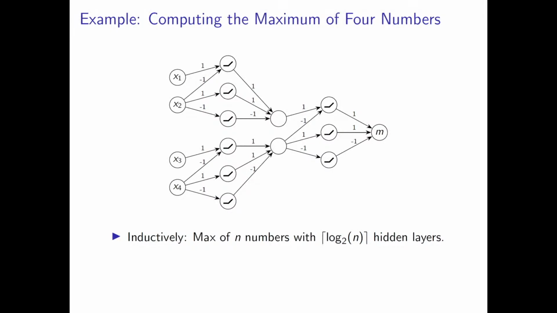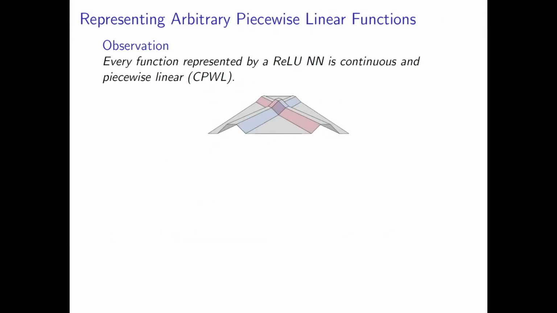OK, this is our first nice little expressivity result that appeared in that way, I think, in some ICLR paper 2018. But it's just a cute little example, right? We are computing the maximum of a bunch of numbers. Can't be too fancy. So let's talk about general ReLU neural networks.